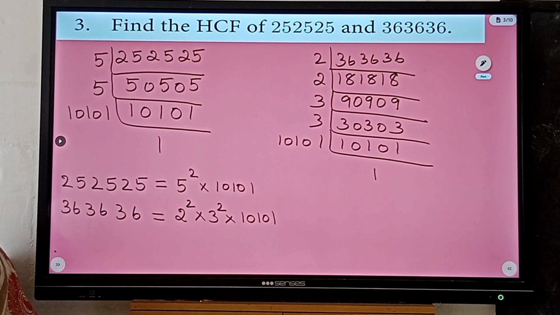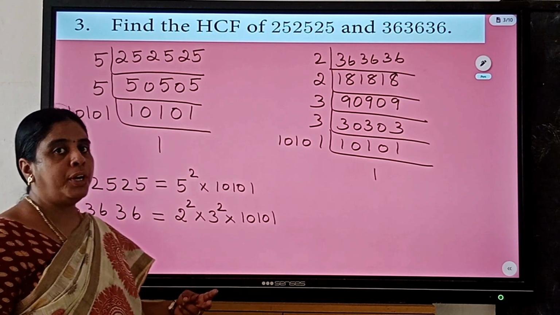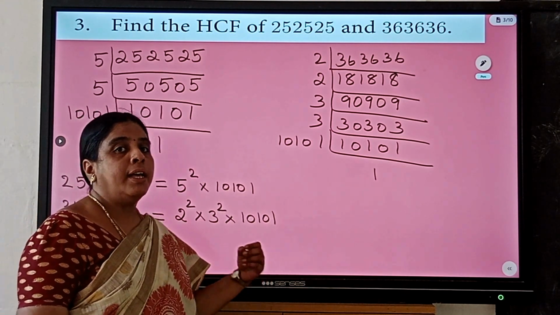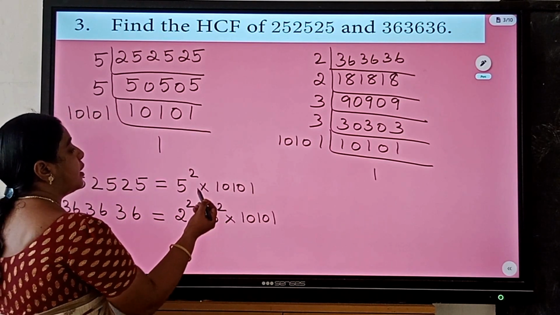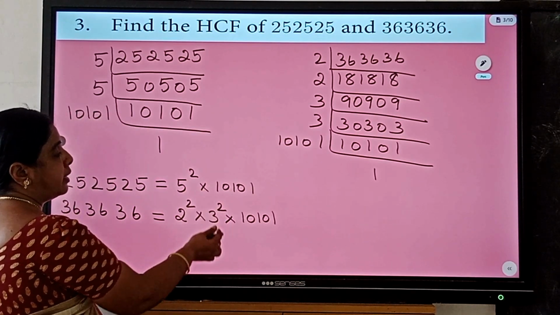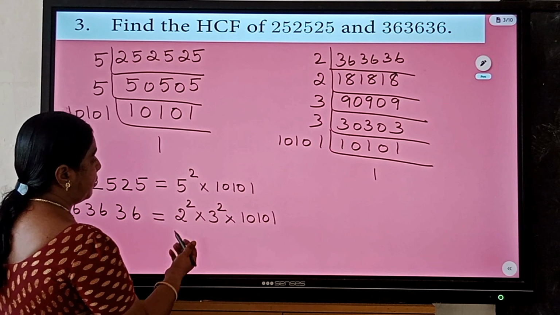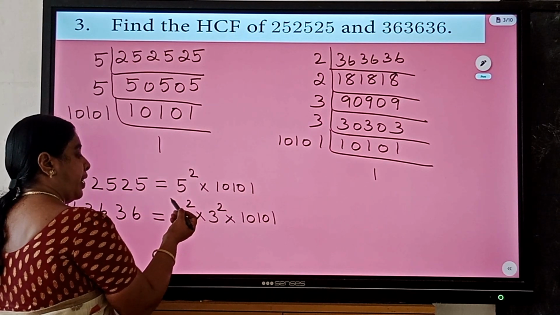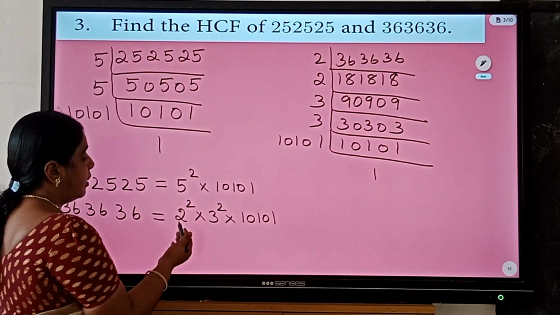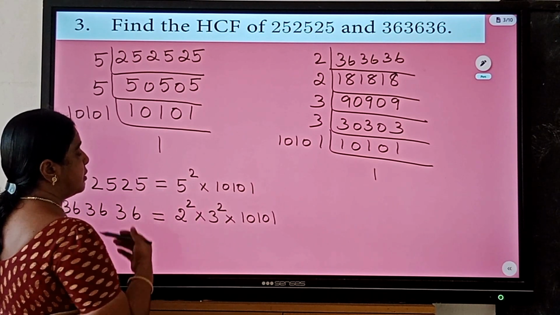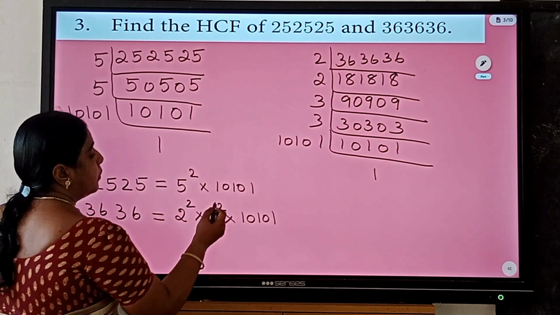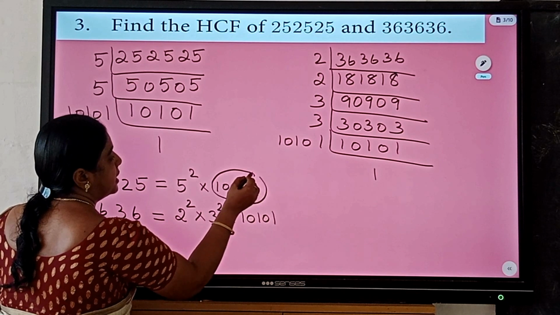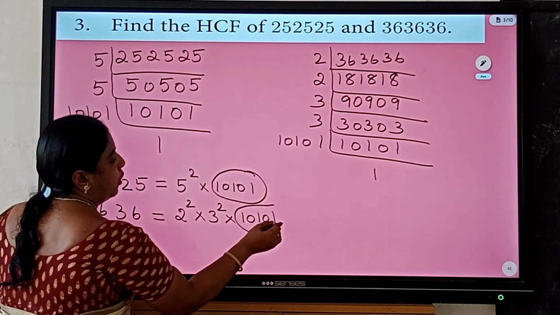10101. Now how do you find the HCF of two numbers using this method? It's just by seeing the common factors between the two numbers. So what are the common factors here? You have 5 here but you do not have 5 there. 2 and 3 are there but not here. So the only common factor is 10101.